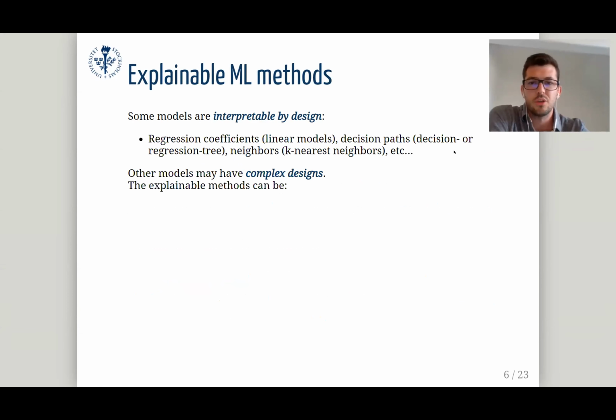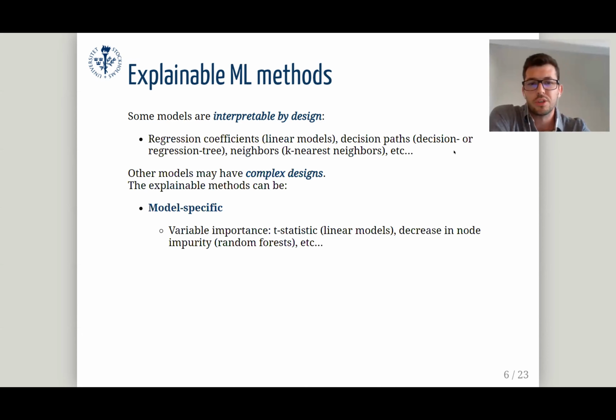For these models, the explainable methods can be model specific, which takes into consideration the structure of the model for whichever explanation task they're doing. For example, to assess variable importance in linear models, you can look at the t statistic, and for random forests, you can check the decrease in node impurity to assess the importance of these variables.